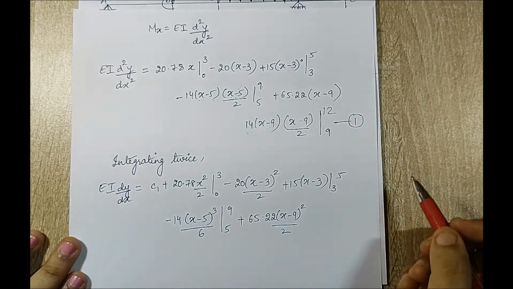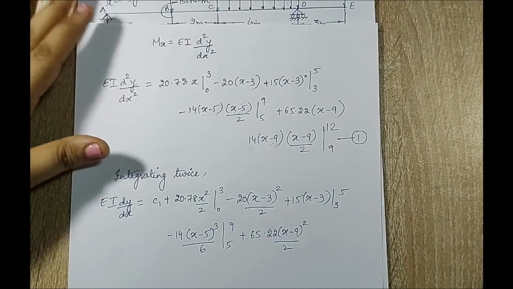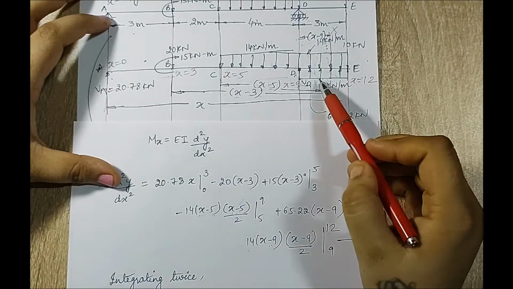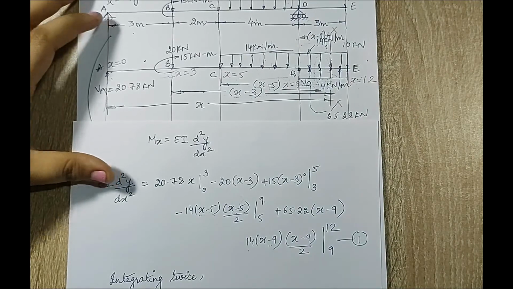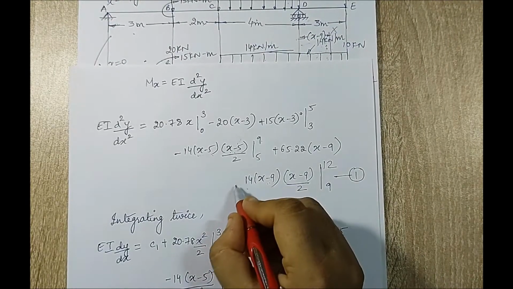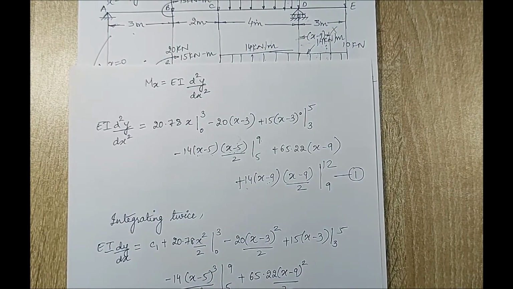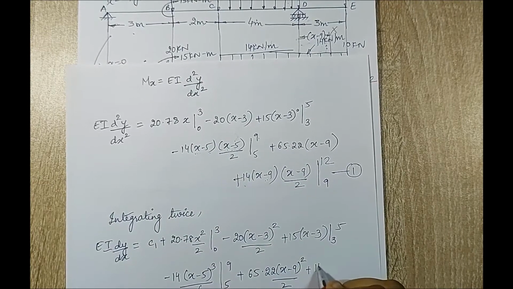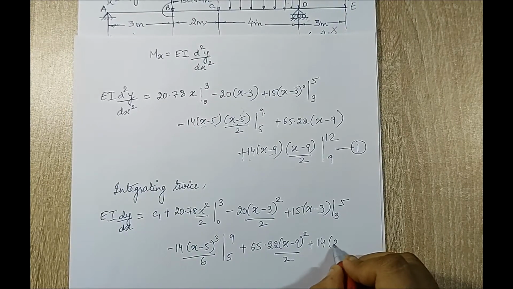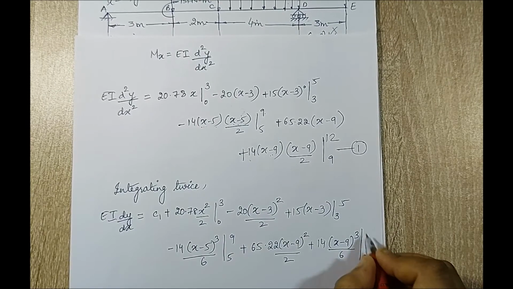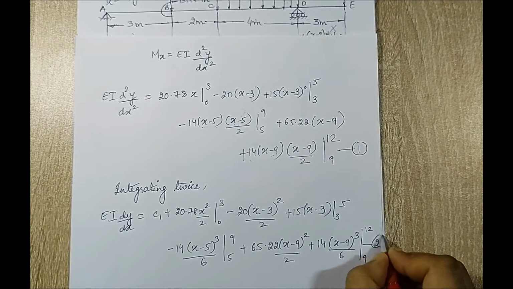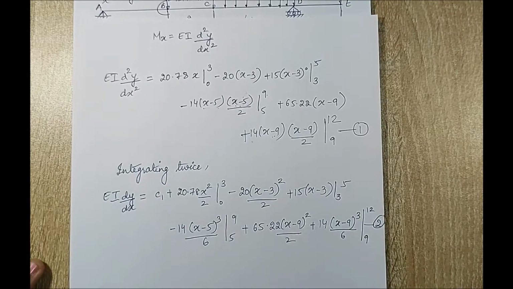And the last term, okay, I didn't write the plus or minus sign. If you look carefully, this 14 will turn actually clockwise from down towards the section. So here this should be plus. So this will be plus 14 into x minus 9 cube by 6 from 9 to 12. This is my equation 2, which is my slope equation.